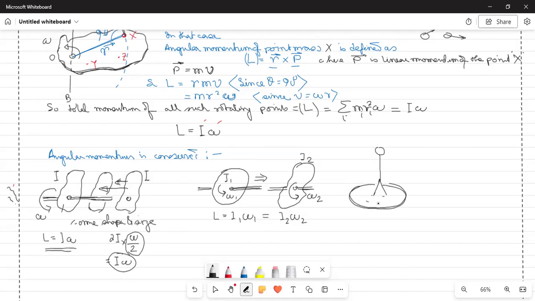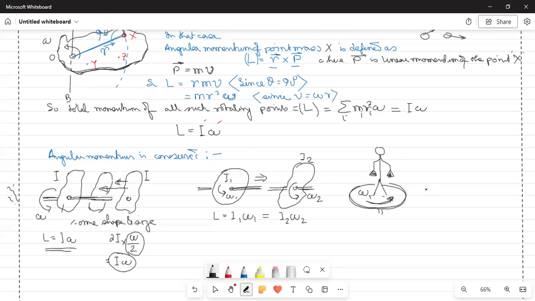The man is standing on a rotating table, and this man has two hands like this, and in these two hands he is carrying two, say, heavy weights. And the table is rotating with angular velocity omega 1, say.